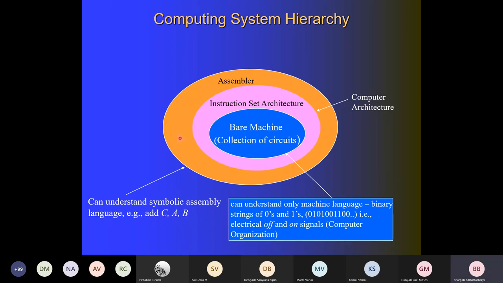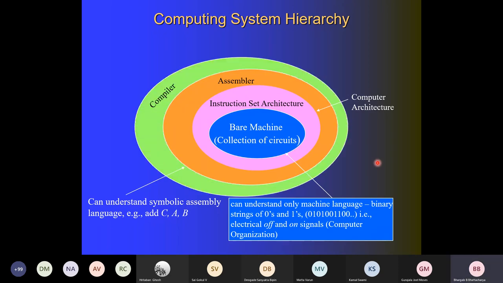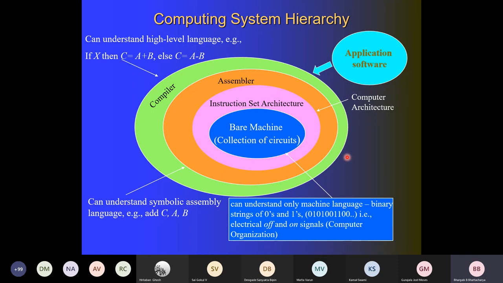The assembler would translate them into binary bits or a binary program, which will be executed by the bare machine. And above that, you can design compilers, operating systems, and so on. If it is equipped with a compiler, then an external programmer can interact with it using a high-level programming language, and so on. And beyond that, you write application programs and so on.